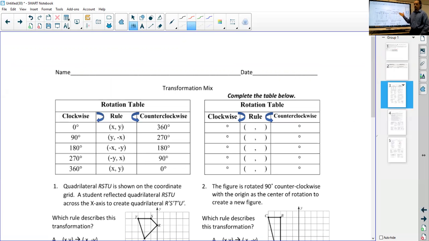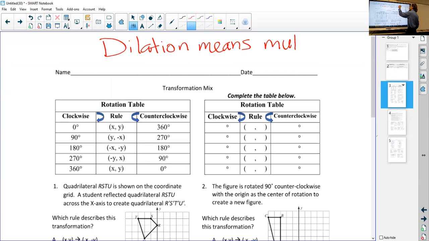The only other thing you're going to see is dilations. Remember, dilation just means to multiply. If it's smaller, your scale factor is going to be some number less than 1.